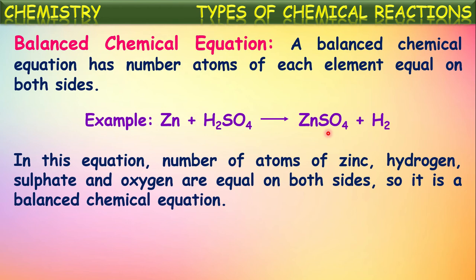For example, here one zinc atom reacts with one sulfuric acid molecule to form one zinc sulfate molecule and one hydrogen molecule. This quantitative relation we can say correctly only based upon the balanced or stoichiometric equation. To understand that, always we have to take balanced chemical equations.